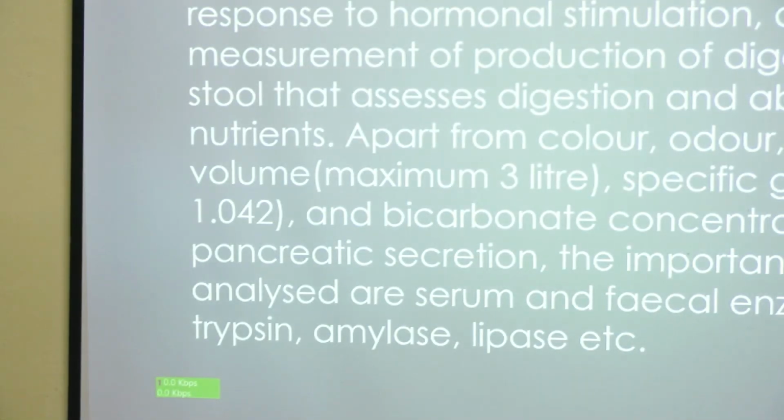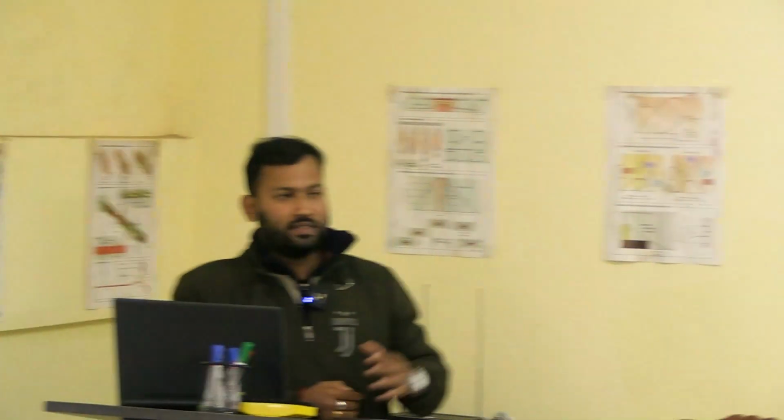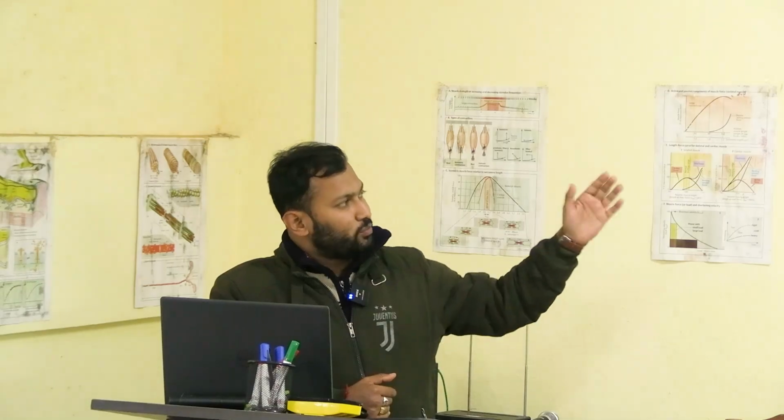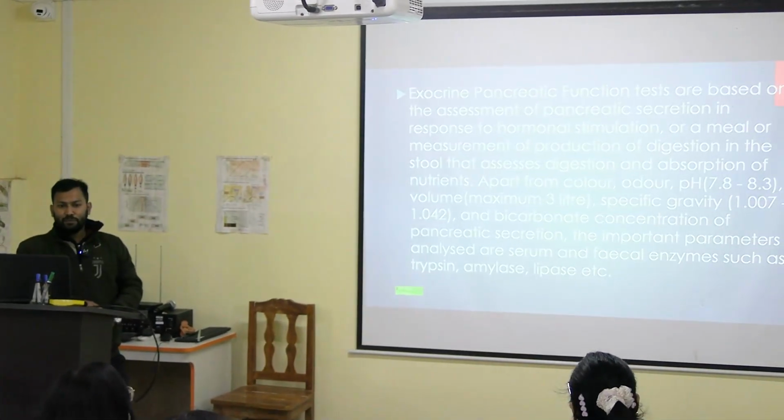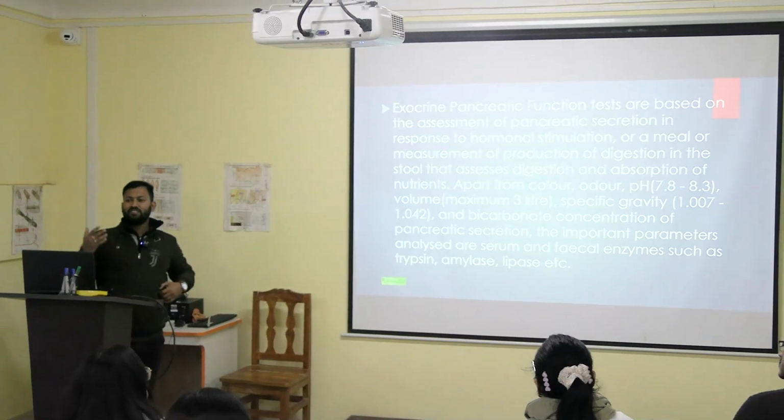In a hormone stimulation or a meal, what happens? In a meal, whenever you are taking a meal, the pancreas is stimulated and it releases the juices for digestion. And then there will be products of digestion in the stool. After you take a meal, everything is not digested.